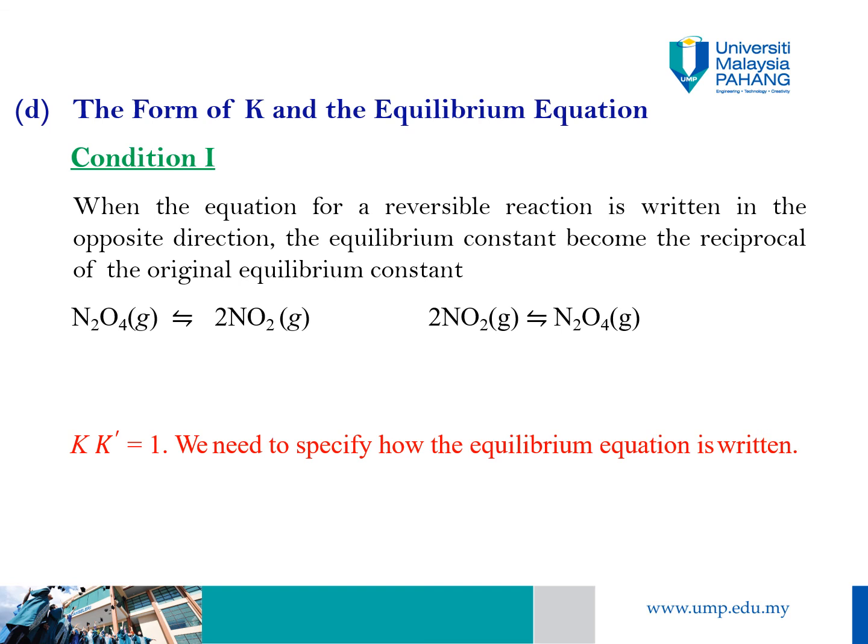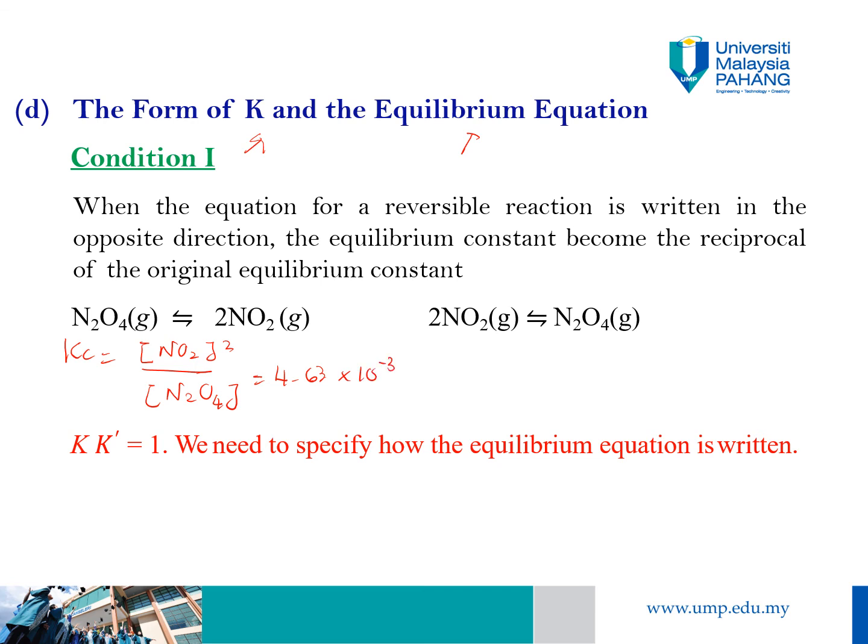The form of K and equilibrium equations, condition 1. When the equation for a reversible reaction is written in the opposite direction, the equilibrium constant becomes the reciprocal of the original equilibrium constant. Consider this equation, where Kc is equal to the concentration of NO2 over N2O4, and the value is equal to 4.63 times 10 to the power negative 3.